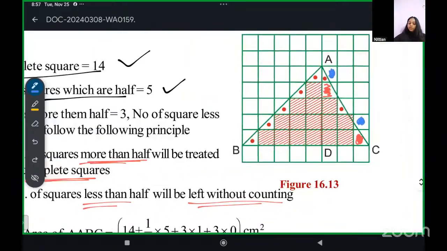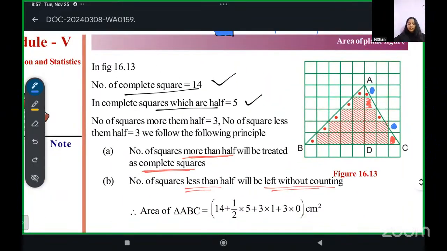Now here we have 14 which are complete squares, 5 which are half, and 3 which are more than half. So now the number of complete squares will become 14 plus 3, 17.